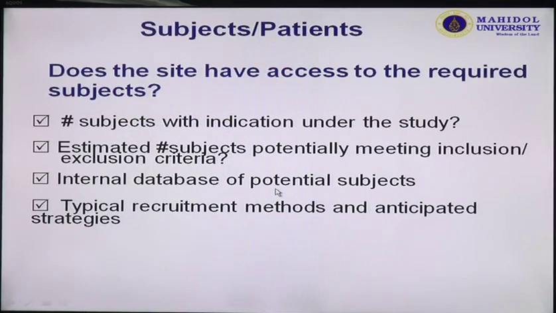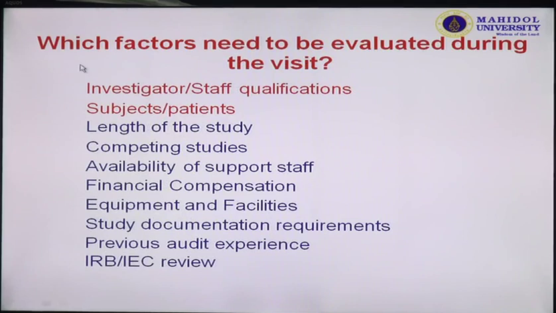Because there is an inclusion and exclusion criterion that the volunteers will not receive any vaccines within maybe 2 weeks prior to this time. So we need to check that, and the inspector, auditor, or monitor will look for evidence that the subject did not receive any vaccine prior to this vaccine within these 2 weeks. So they will look for the note, for the evidence, or anything like that.